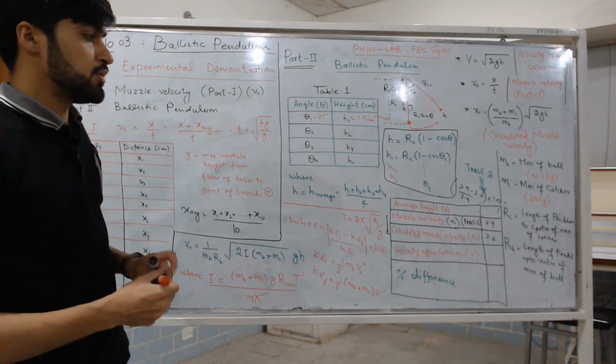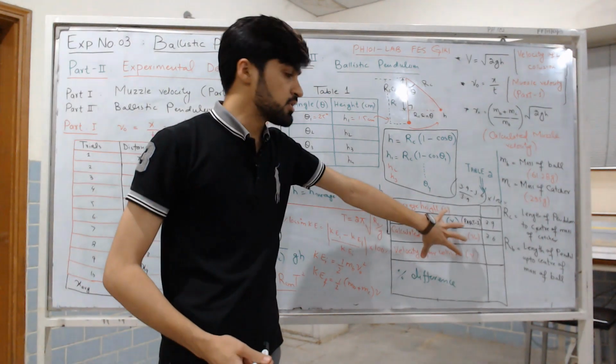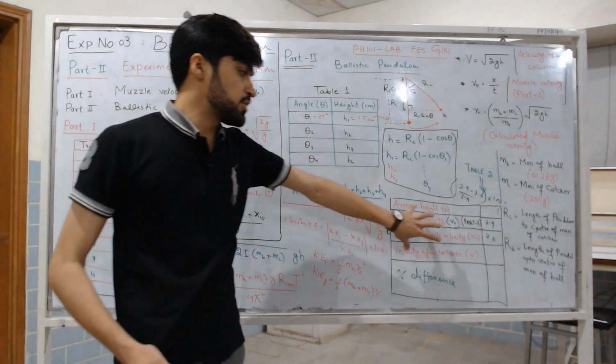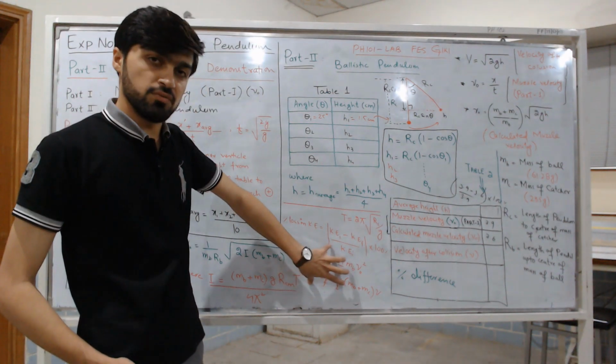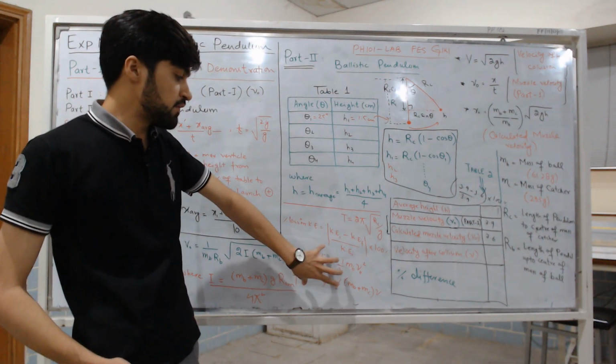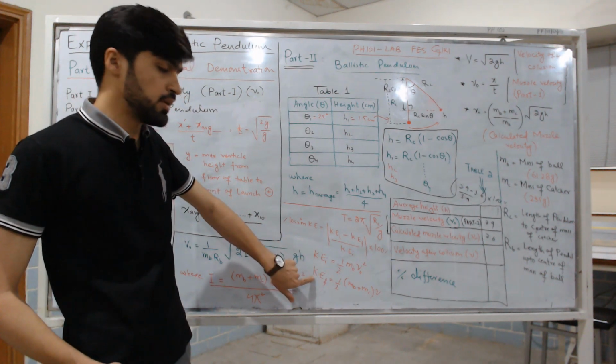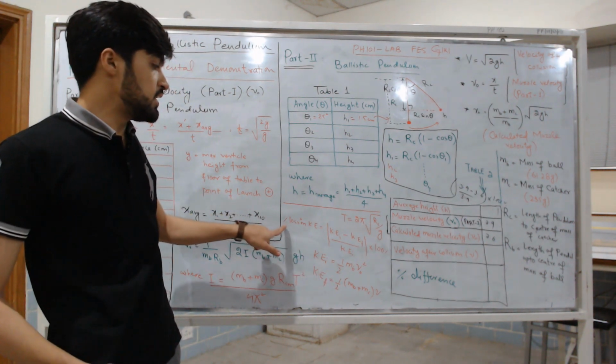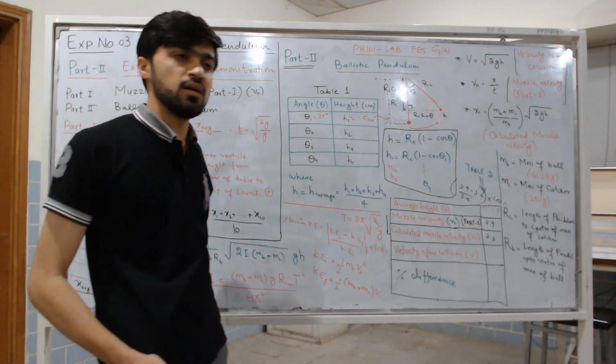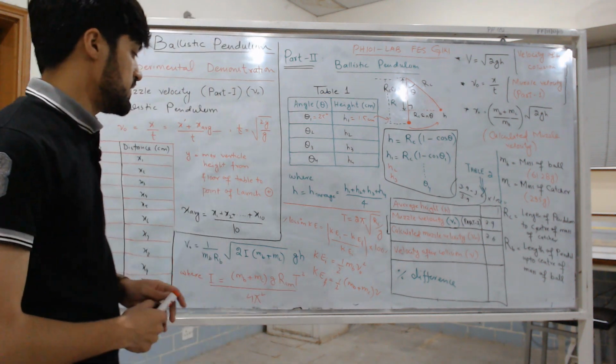Now you have the table. You will just use these values in this equation. And when you have calculated the initial and final kinetic energy, you can easily calculate the percentage loss in the kinetic energy. So this is very simple.